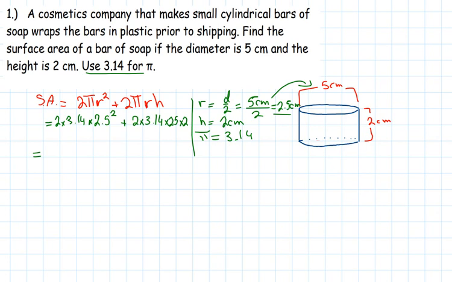2 times 3.14 times 2.5 squared is, on the left side, 39.25, plus on the right side we have 2 times 3.14 times 2.5 for r times 2 for the height, which is 31.4.